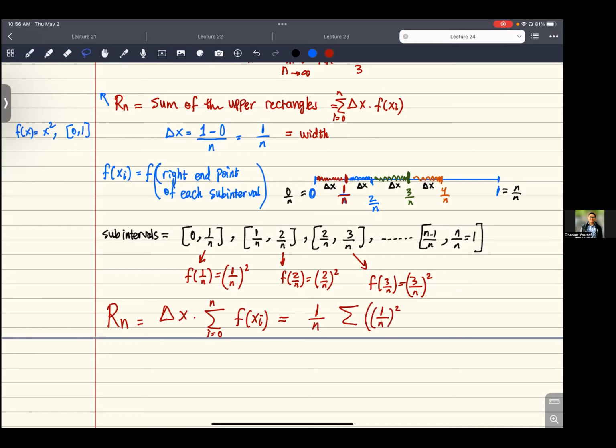I'm not going to say it with the notation; I'm going to say it like this. It would be 1 over n squared plus 2 over n squared plus 3 over n squared plus dot dot dot up to n over n squared.